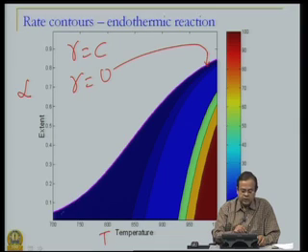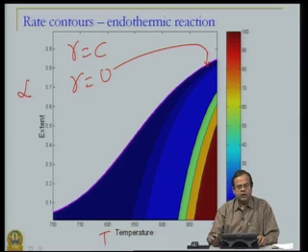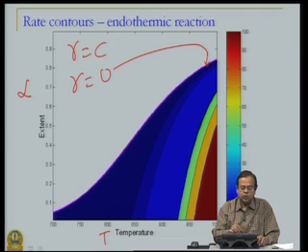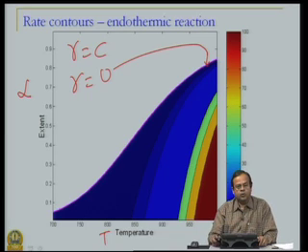Now, what does it say for an endothermic reaction? We have already seen in our earlier class that as temperature increases, the equilibrium extent of reaction increases, and this is that particular plot.